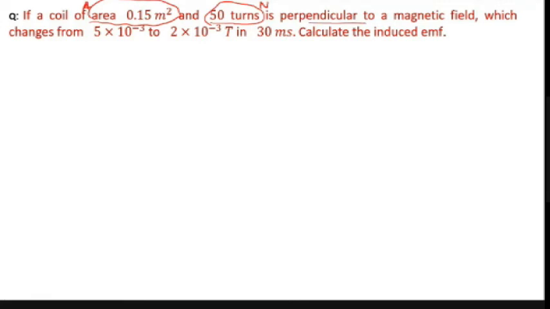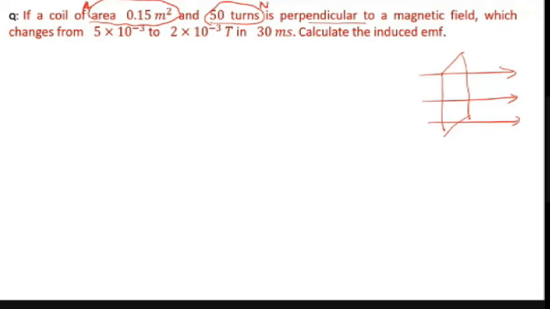Coil is perpendicular to magnetic field. What is the angle? This is the magnetic field. Coil is perpendicular to the magnetic field. What is theta here? We already discussed.